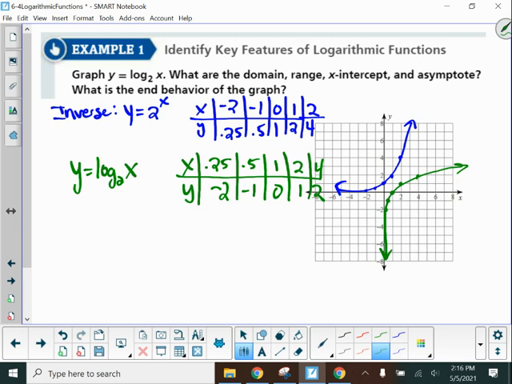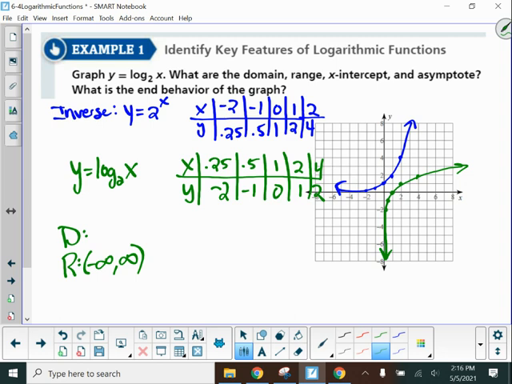That's the one where we're going to name the domain and range. So with the original exponential in blue, the domain was all real numbers. Well, since logarithm is the inverse of that, your range is going to be all real numbers. Notice my y's are getting smaller. They're also getting bigger. They're going to keep going down to the negatives, keep going up to the positives.